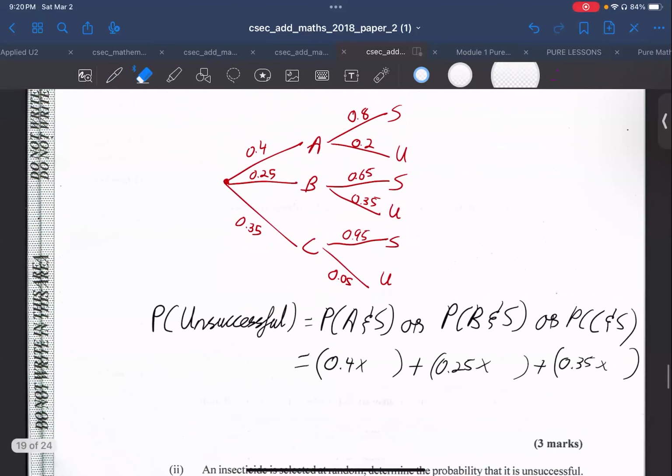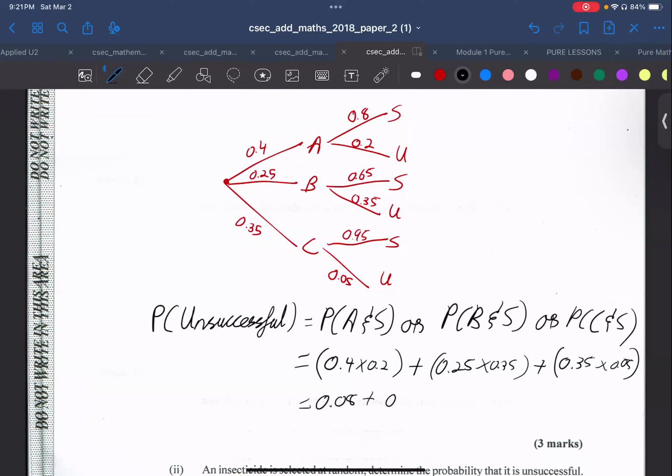So it's 0.2, 0.35, 0.05. Right there. That's right. So 0.4 by 0.2 is 0.08. 0.25 by 0.35 is 0.0875, I think.